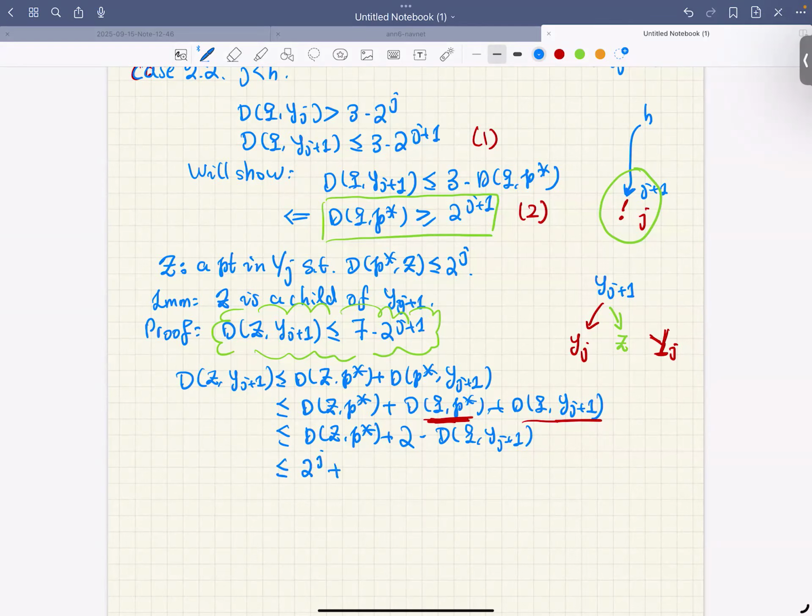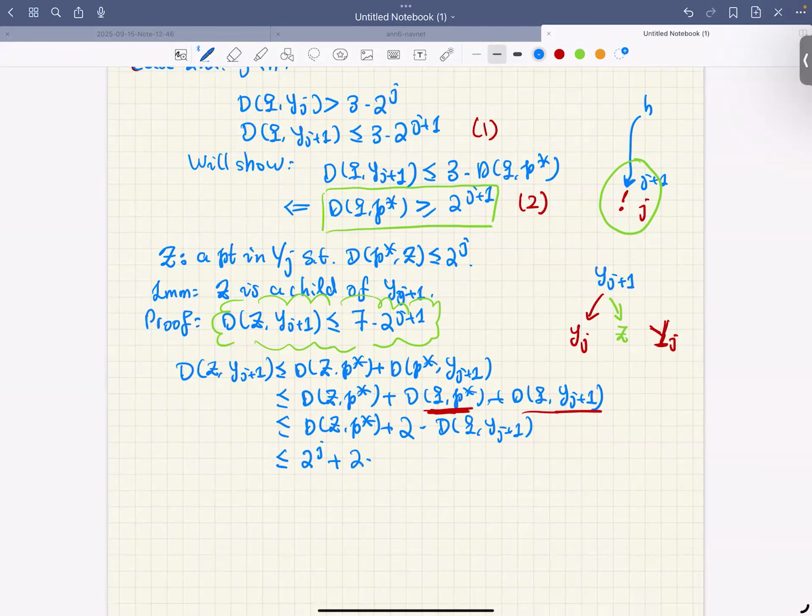Now for the second term, we need inequality 1. You see what I mean? We need inequality 1 because by definition, that's still the normal case, right? So the query point was properly covered in that case. So we know this is 2 times 3 times 2 to the power of j plus 1.